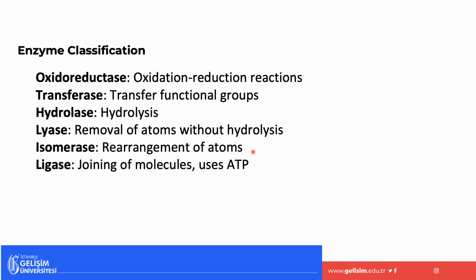Examples of isomerases include epimerases and mutases. Finally, we have the ligases. Ligases are enzymes that catalyze the joining of two molecules, typically by forming a new bond and using ATP as a source of energy. So examples of ligases include DNA ligase and ATP synthase.